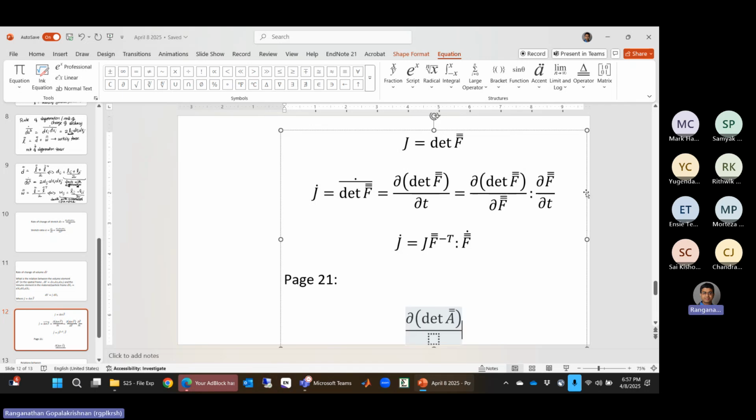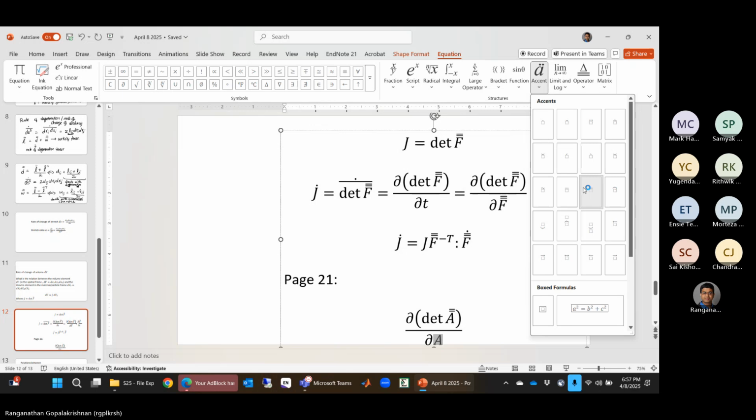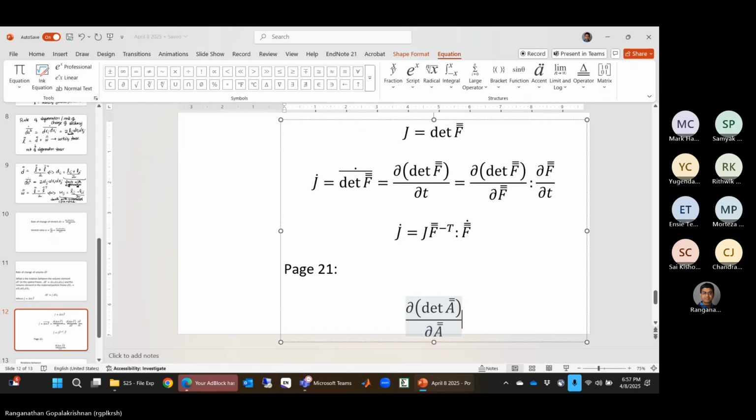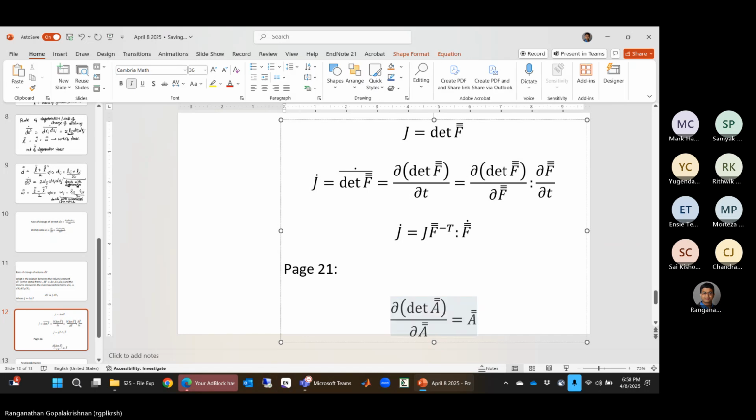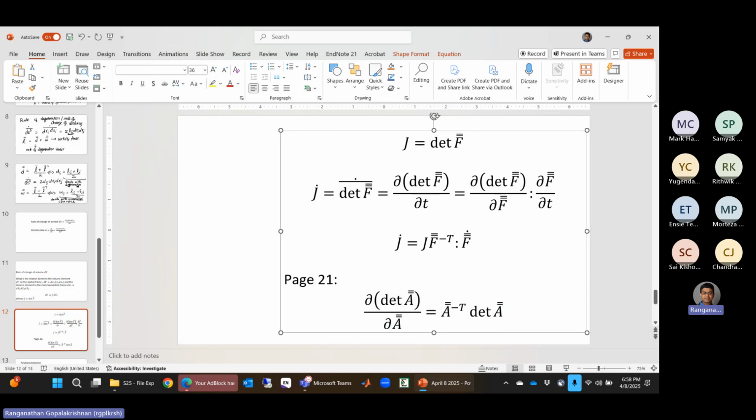With respect to the tensor itself, A, this is given as A inverse transpose times determinant of A. I can almost replace A with F and we'll get this part taken care of.